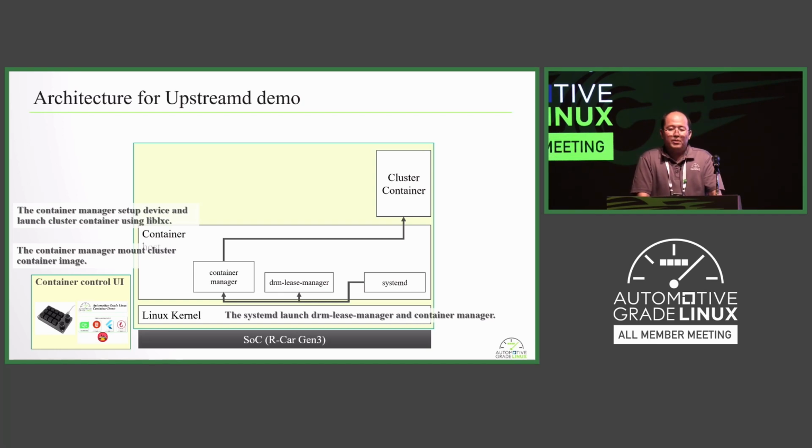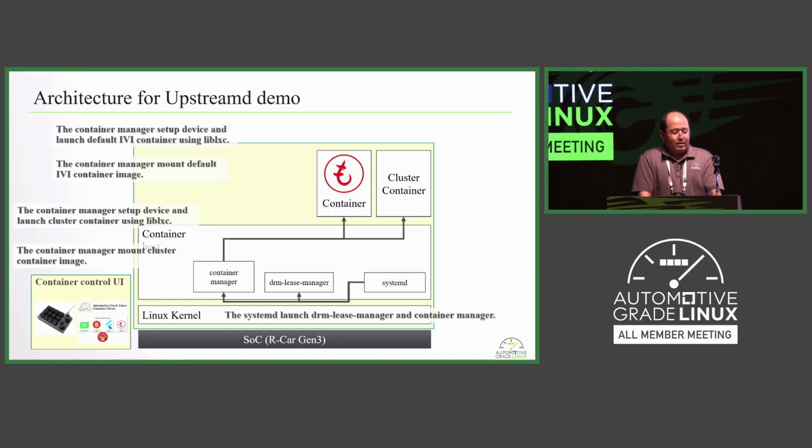Next, the container manager mounts the default IVI container image, sets up devices, and launches the default IVI container using libxc. That means a full feature container management daemon supporting reduced resources.